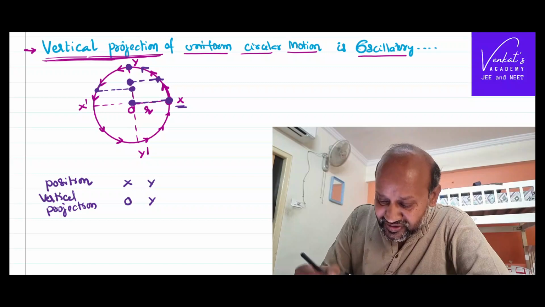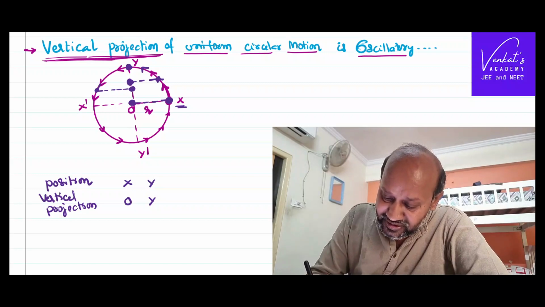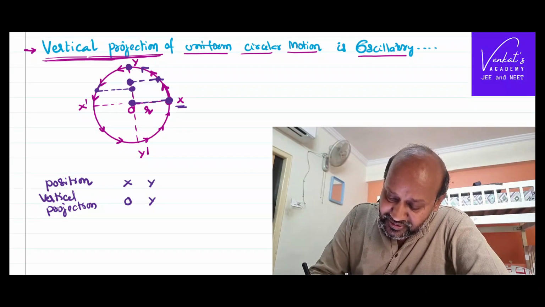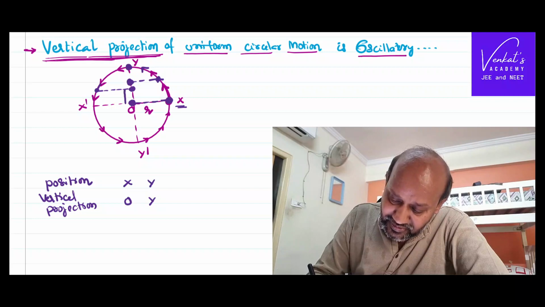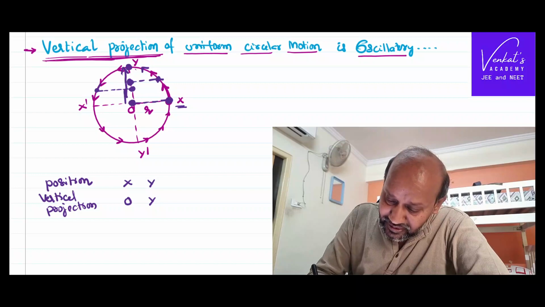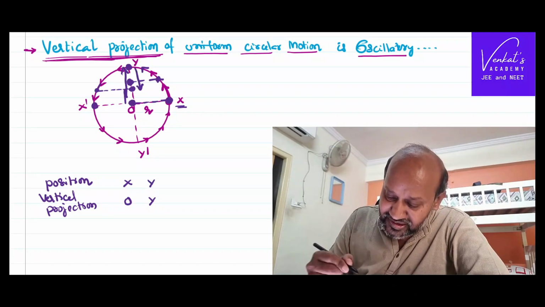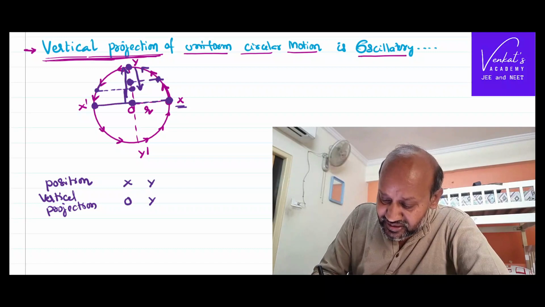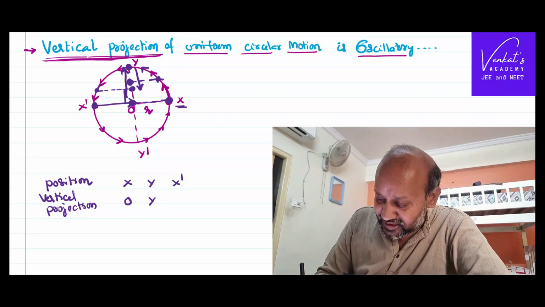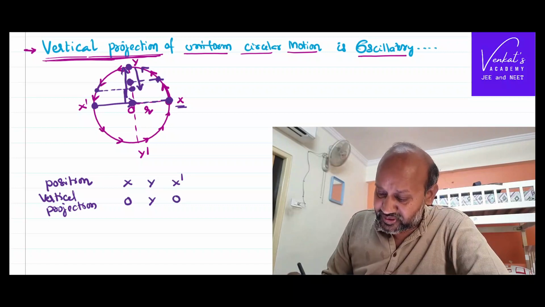So you have noticed it has started from origin, gone up to Y, and now it started coming down. And when the body is at x dash, its vertical projection is back to the origin.